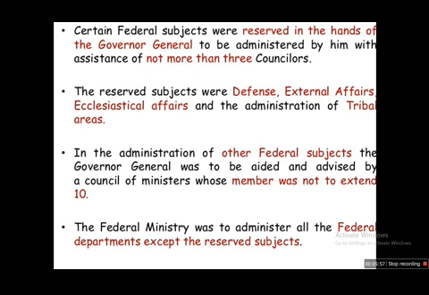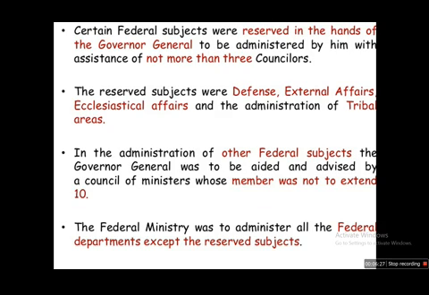The reserved subjects were defense, external affairs, ecclesiastical affairs, and the administration of tribal areas. In the administration of other federal subjects, the Governor General was to be aided and advised by a council of ministers whose number was not to exceed 10.